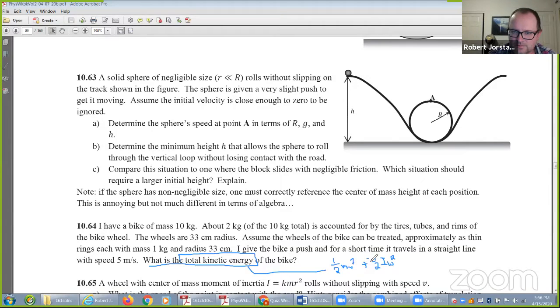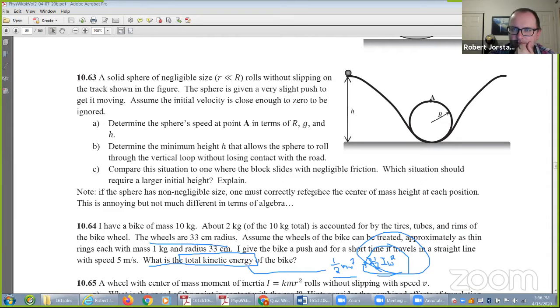So there's probably 2 of those, because there's 2 wheels. So when you say kinetic energy, remember that kinetic energy is not just 1/2 mv squared. You also have to consider if there's an I omega squared in there. So when you see kinetic energy with rotation, don't forget this.